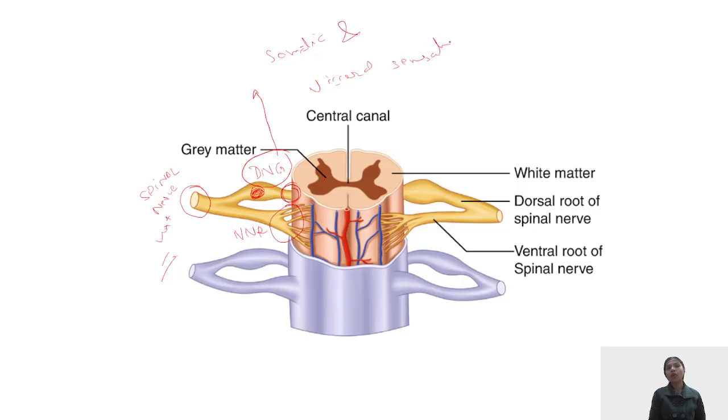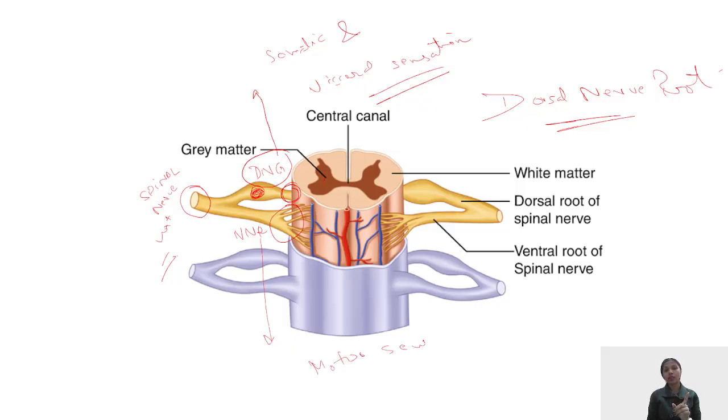Please remember, all the somatic and visceral sensations are carried by the dorsal nerve root, whereas the ventral nerve root is responsible for motor function, and along with it we also have the autonomic nervous system, the sympathetic and parasympathetic nerve roots, because they arise near the ventral nerve roots and travel along with them.